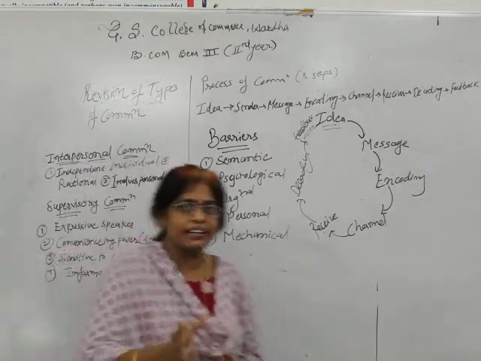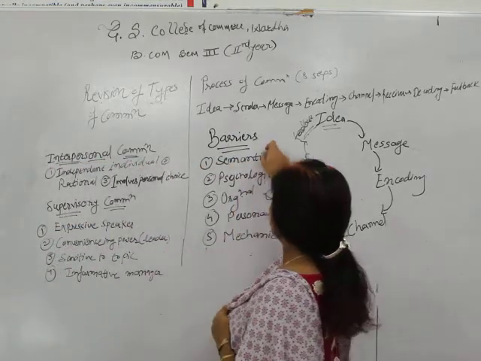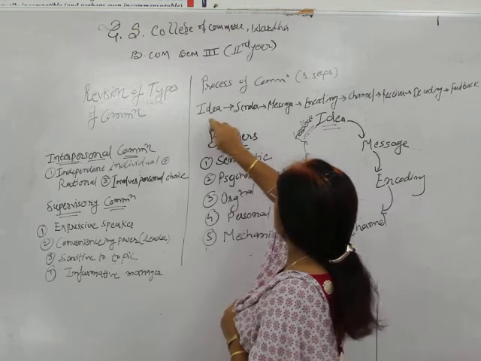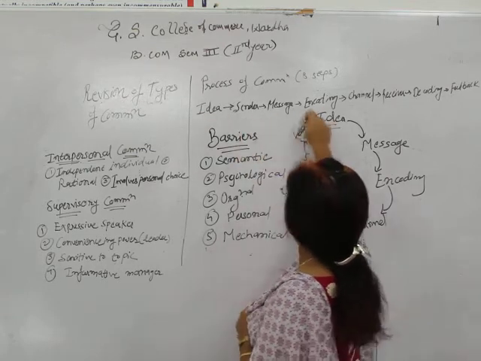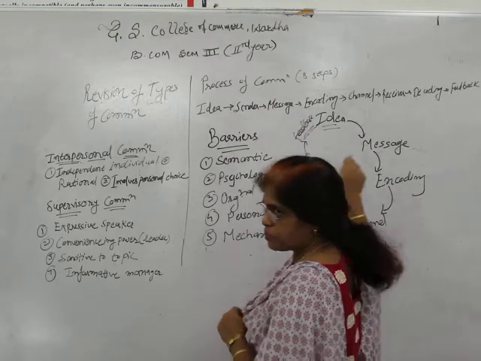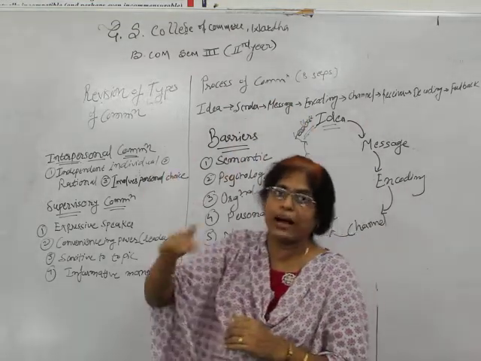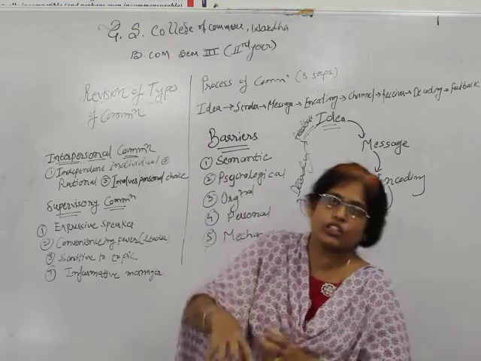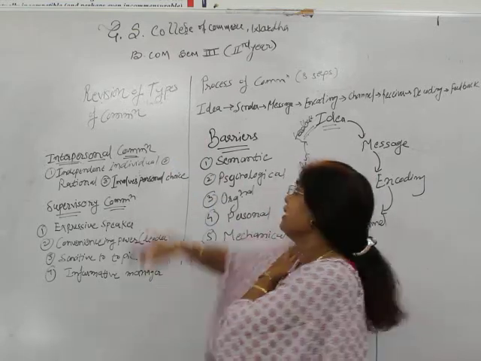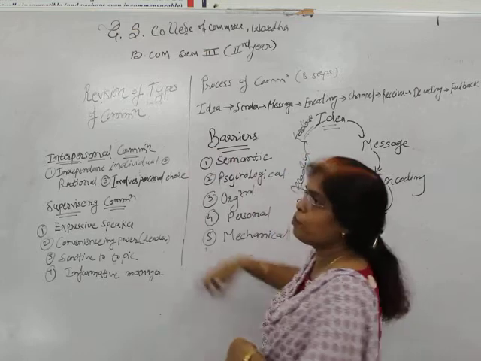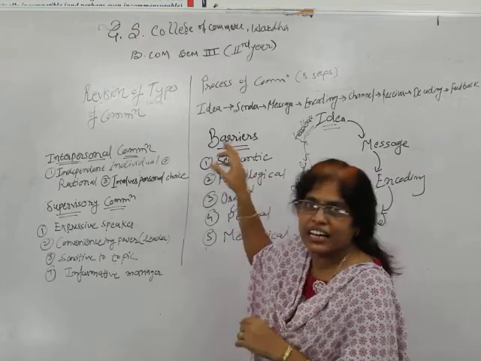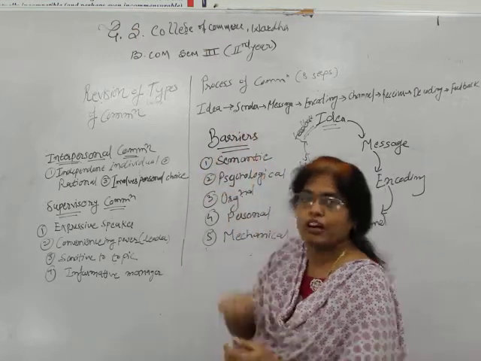If the process does not take place according to these steps, if these steps are not followed by the sender, or if the receiver is not giving the feedback, then certain barriers, problems and difficulties arise in the process of communication.